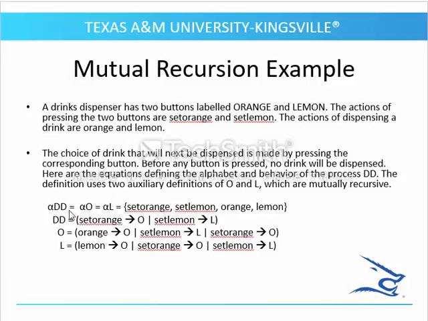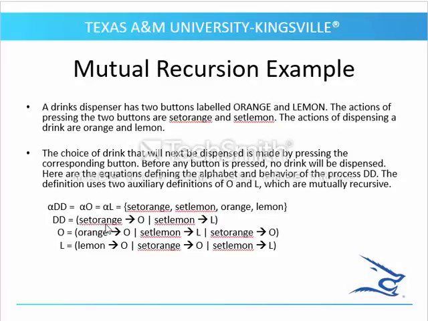The alphabet of the drink dispenser is the alphabet of orange and the alphabet of lemon, that are set orange, set lemon, orange, and lemon. As a customer walks into the drink dispenser, he has two options: go for set orange or go for set lemon.